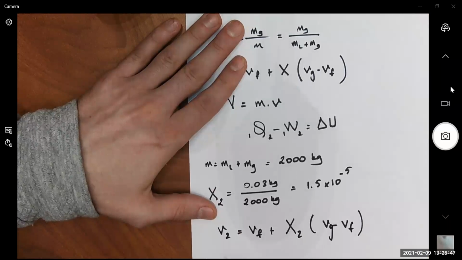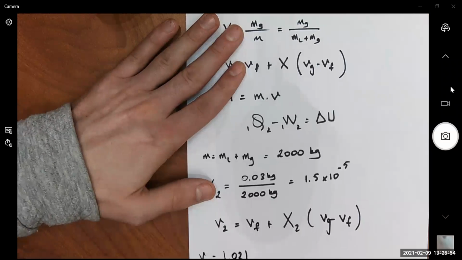Where's my specific volume of saturated liquid? Let's read it.